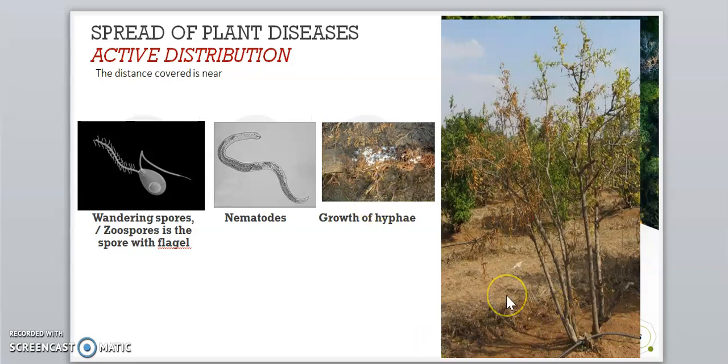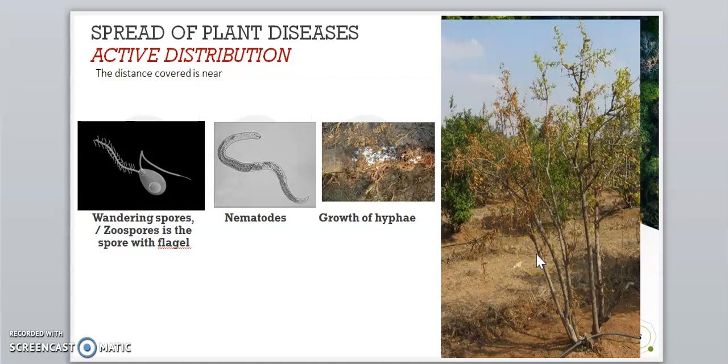Usually in the cacao plant, there is red root disease. This is the symptom above the soil.